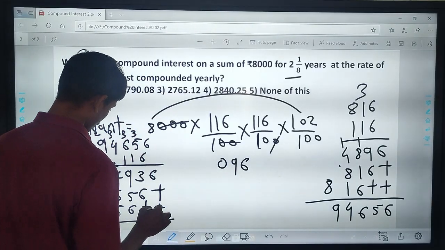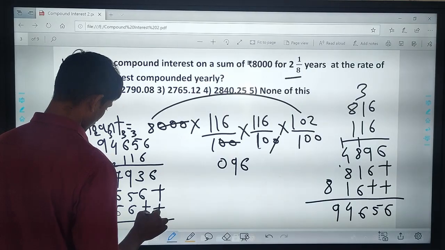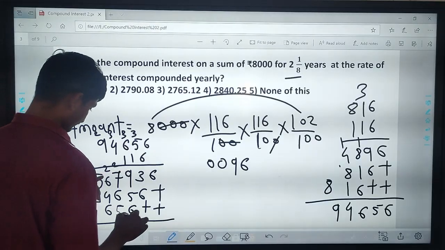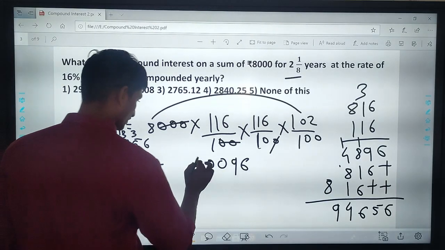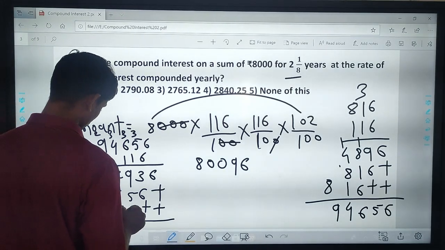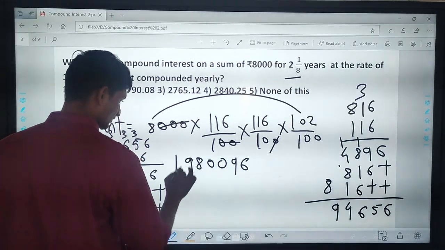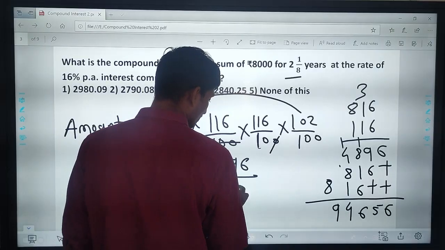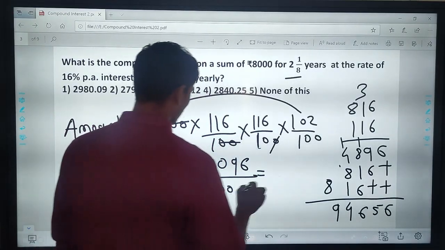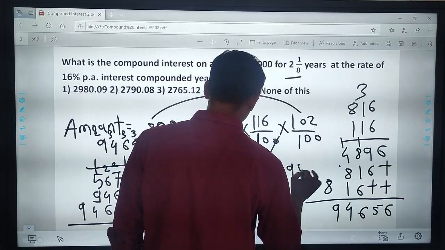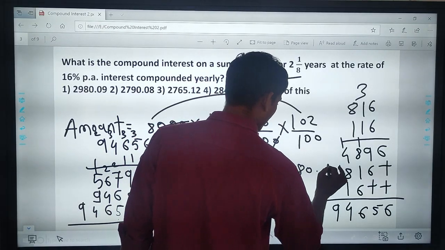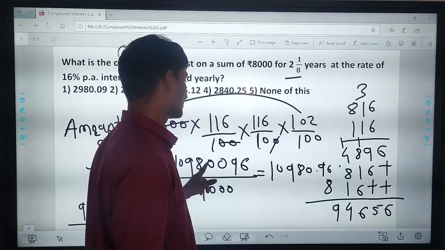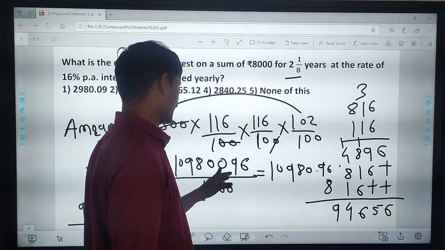Now this is the multiplication divided by 1000. Now your amount is 10,980.96. There are 3 decimals.